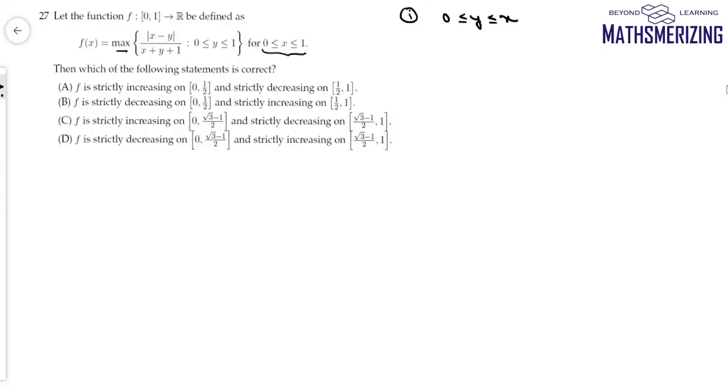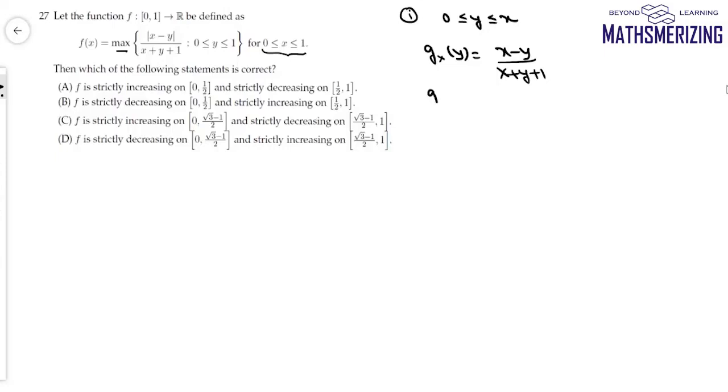So in that case, I can write this function as some function g as a function of y, which is, now since y is less than x, I can simply write it as (x minus y) upon (x plus y plus 1). Now in this range from 0 to x, I'll need to find the maximum value of this function.